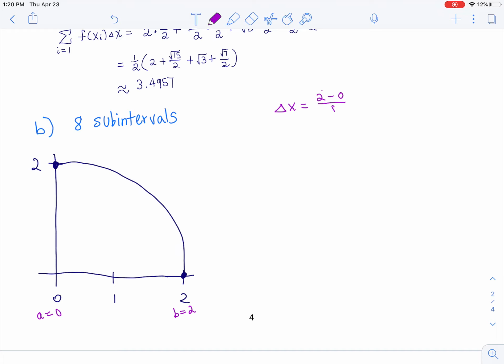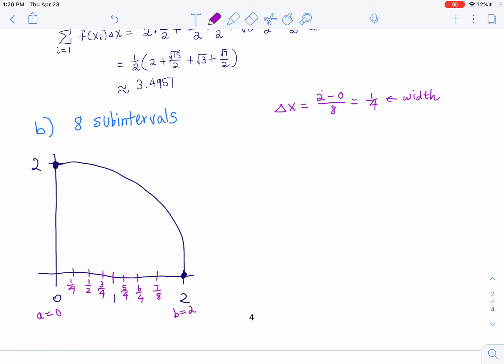So guess what? We're going to have to figure out delta x again. Delta x is going to be, subtract the endpoints, b minus a. And here a is 0 and b is 2. a and b are simply the endpoints of your interval. So 2 minus 0, and we're dividing that by 8, right? So this time, our width is going to be 1/4.